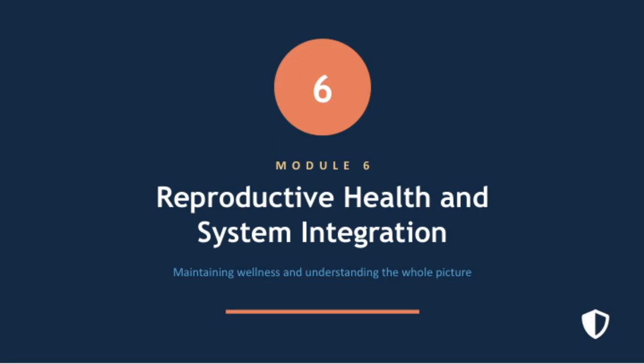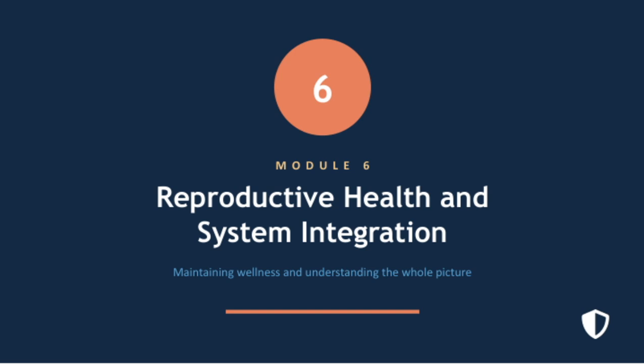When it comes to reproductive health, it's essential to see it as part of the bigger system. This means recognizing how various factors, physical, emotional, social, interact and influence overall well-being. System integration plays a key role here, as it encourages us to look beyond isolated issues and focus on a comprehensive approach.